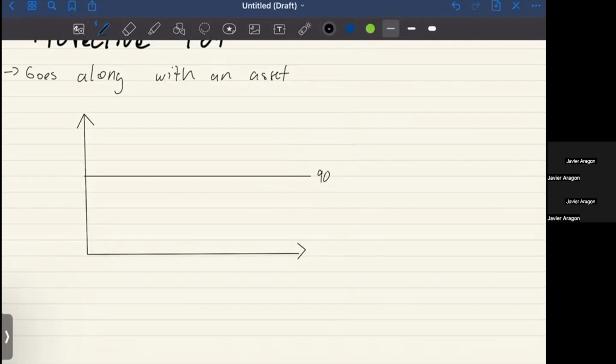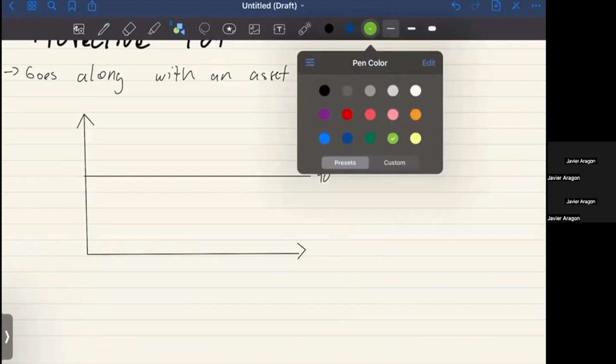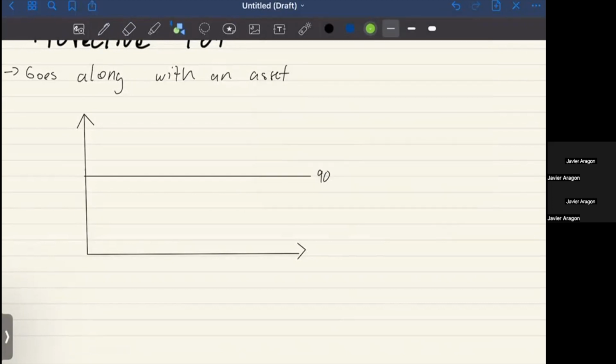So you put your bet again. Let's say you think this is going to fall all the way down to 85. So let's keep your $2 bet.